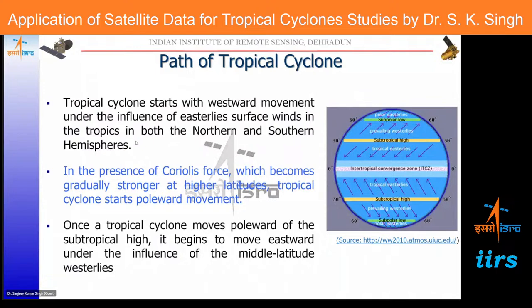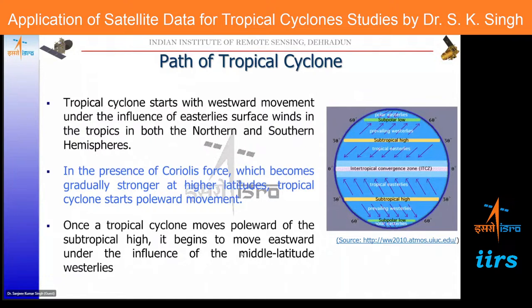Whenever a tropical cyclone forms over the North Indian Ocean, under the influence of this easterly wind in the tropics, it starts moving toward the west. So the tropical cyclone vortex starts moving westward. When it reaches a certain latitude, the Coriolis force starts acting and tries to pull the wind to the right, so the tropical cyclone starts moving poleward, you can say northward.